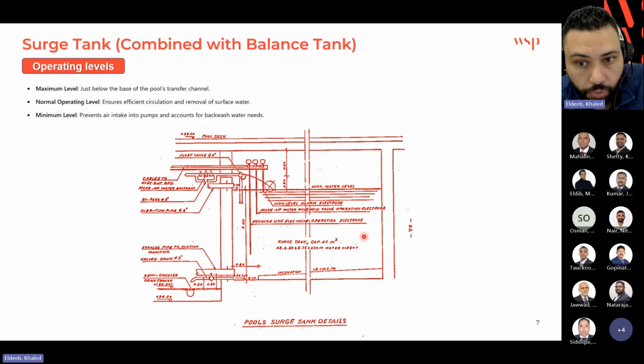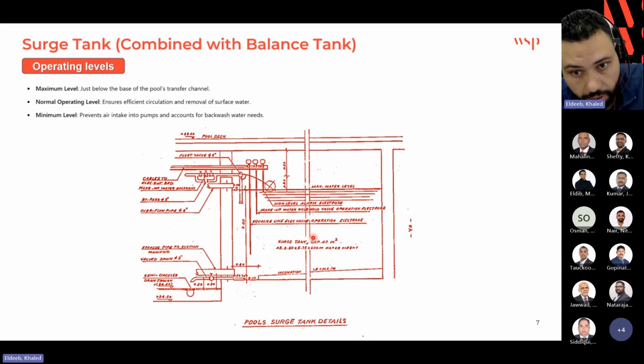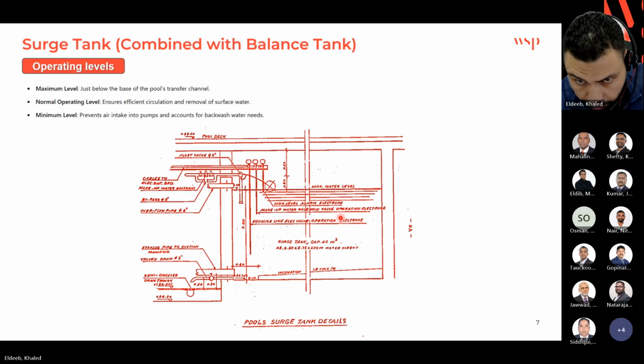Again, to maintain proper operation, some design considerations must be taken into account in designing the surge tank. First, the shape and location, because the tank should be accessible for maintenance and sized to fit within the pump room layout. You can treat this tank exactly like the domestic water tank, with a slight difference in controlling the level, as I'm going to explain now.